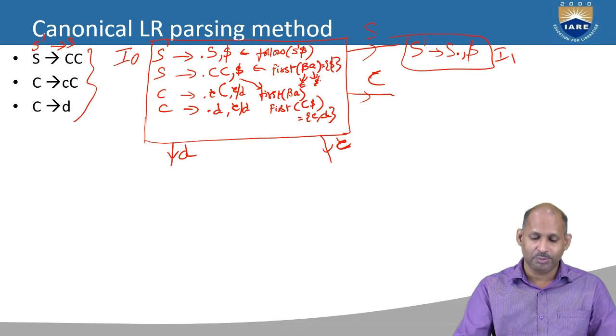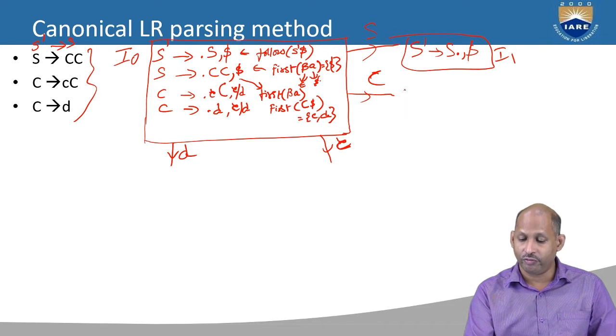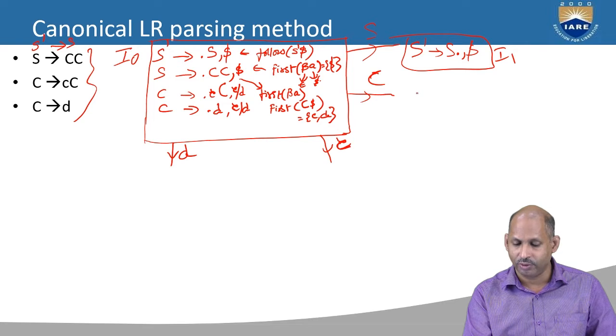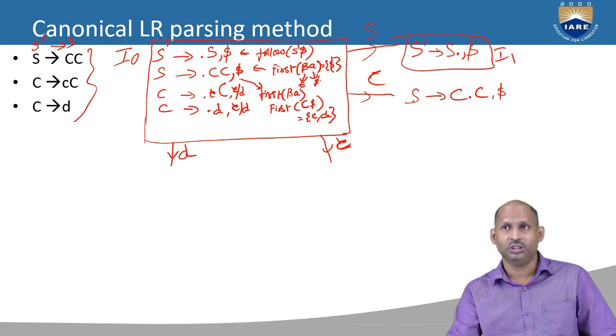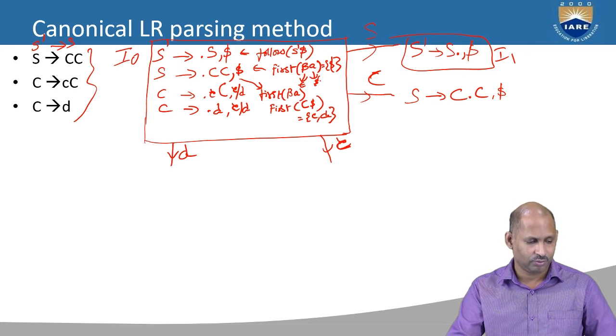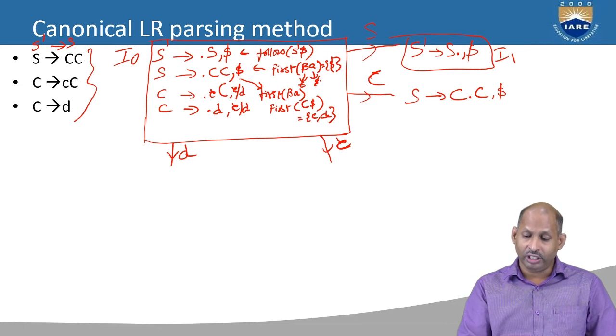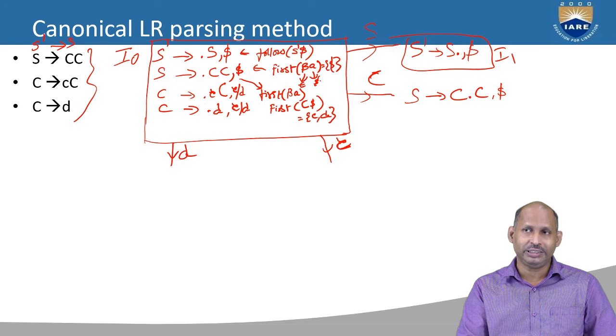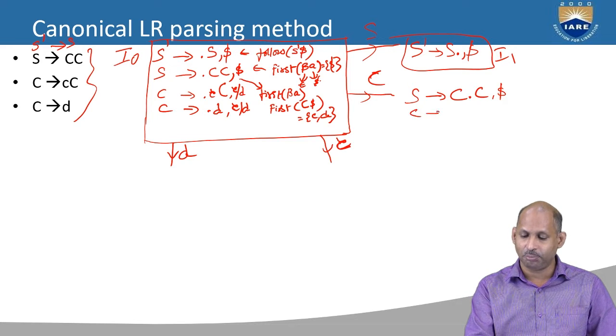Next, variable C. When we consider variable C, it results in S gives C dot C, followed by dollar sign. Now the dot is followed by C, so add the C productions.